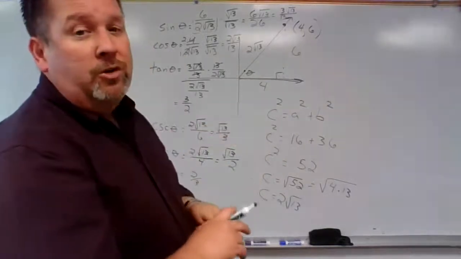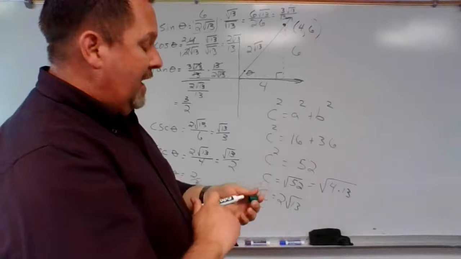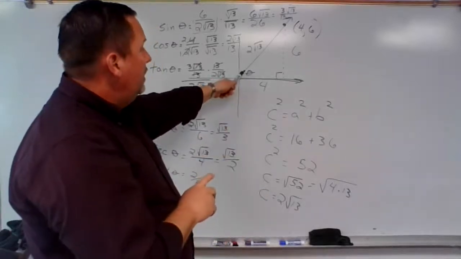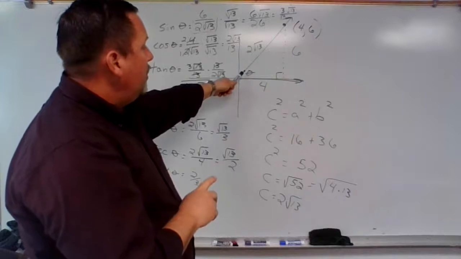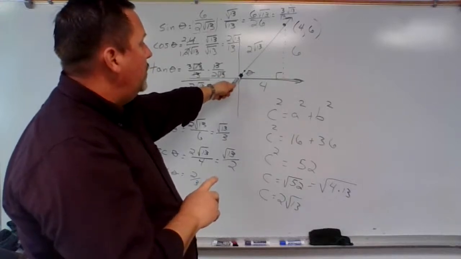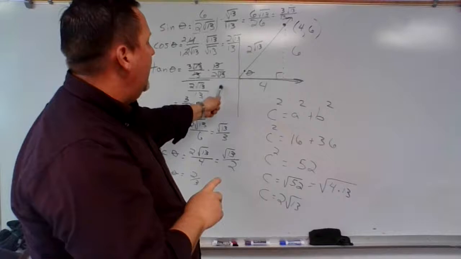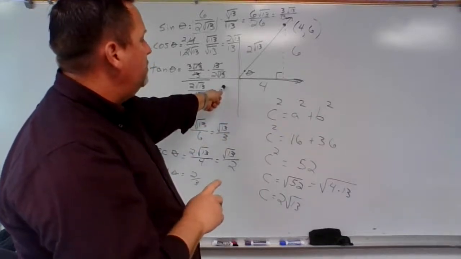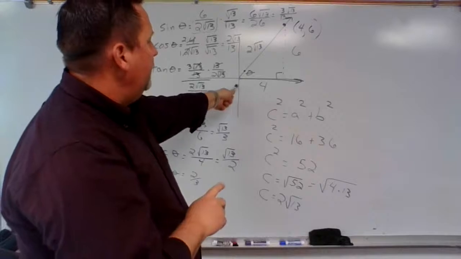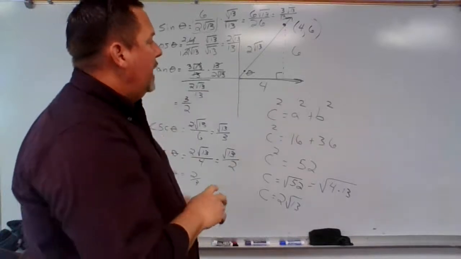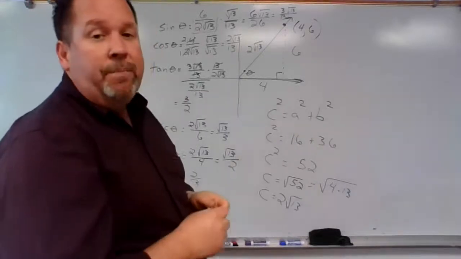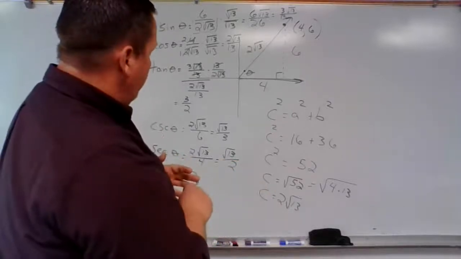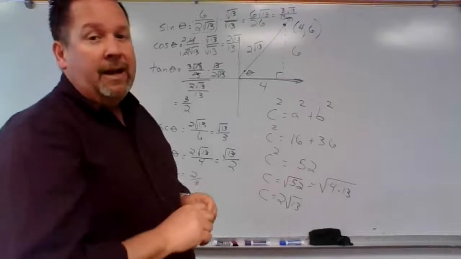But what I want you to remember is the idea that at least on the unit circle, the x value indicates cosine, the y value indicates sine. So you can look at any point anywhere else and say, well, okay, the x value for this point, is it positive or negative? Because if the x value is positive, cosine is going to be positive, and also its flip, secant, is going to be positive.